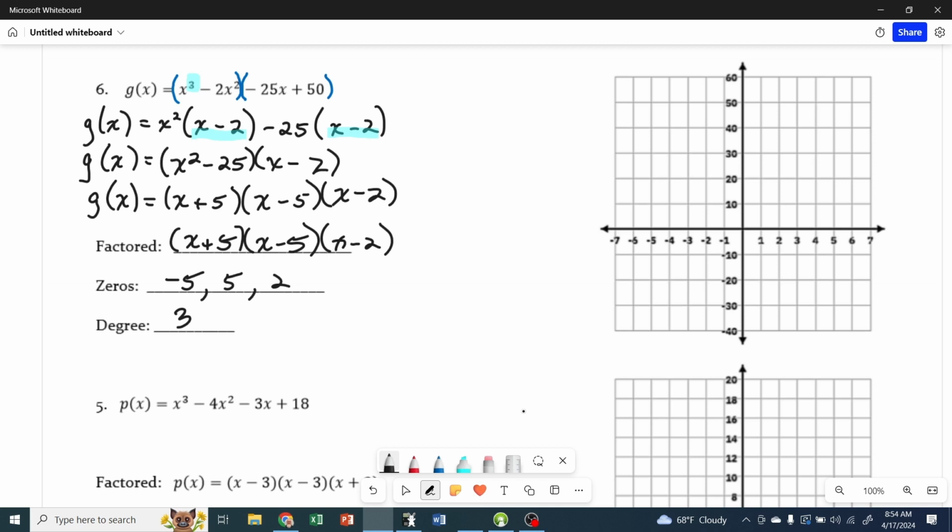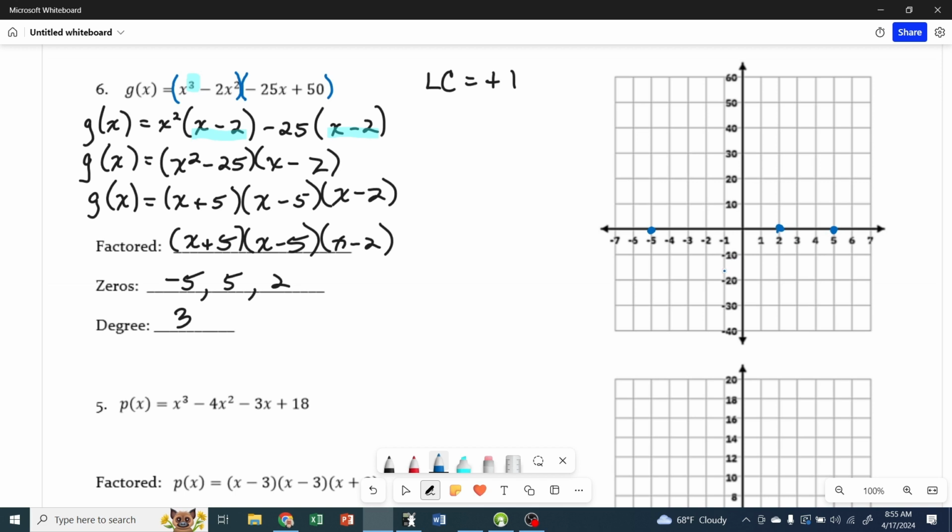Okay. Now, a couple of other things that'll help us out. I know my lead coefficient here is positive 1. So that's going to have an effect on this as I start to graph things. So the first thing we're going to do, you come and you graph your zeros. So I've got negative 5, and I got 5 over here, and then I've got 2.